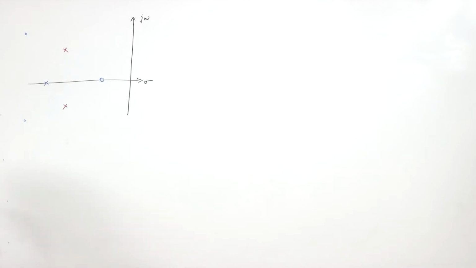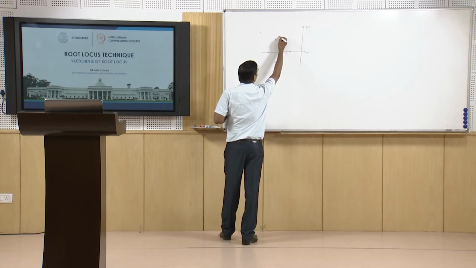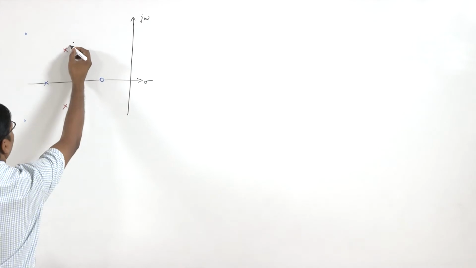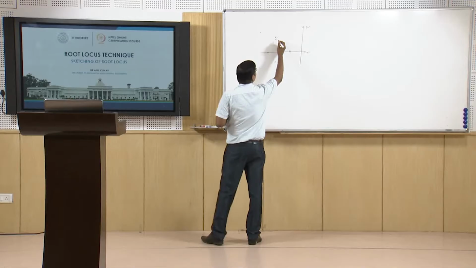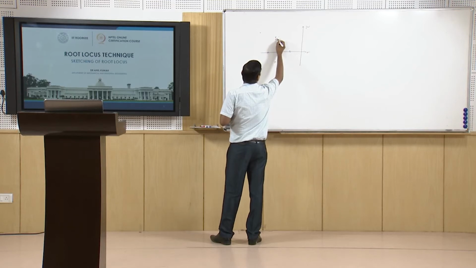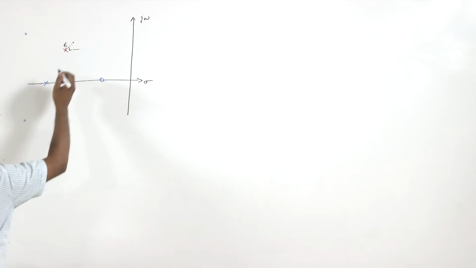Let us take a point here, epsilon distance away from this pole, and we assume that this is the angle, let us call it theta 1.